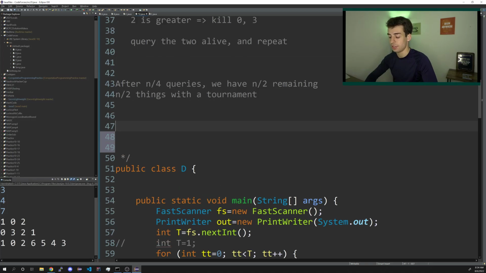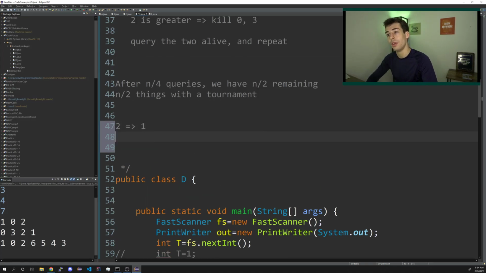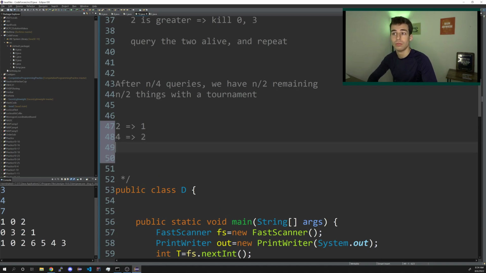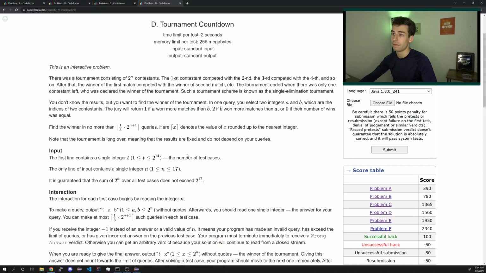Alright, so how many queries does this take? For 2, it takes 1. For 4, it takes 2. For 8, it takes 2 plus 2 plus 1, 5, which I think is good enough.